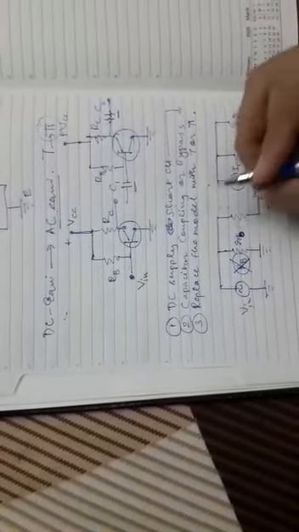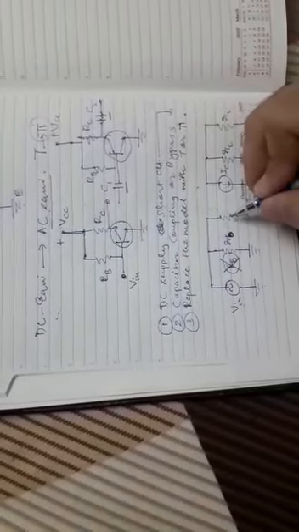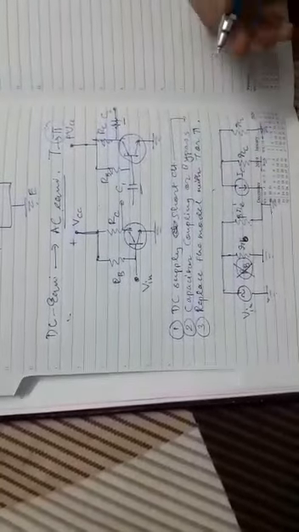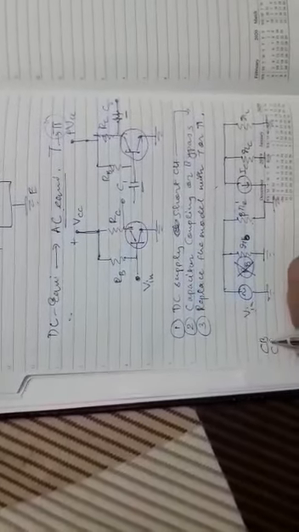This can be asked in your exam, and more frequently they will ask it for 3 or 4 marks. So you need to go through all this, and the same will be done for CB, CC, and CE also.